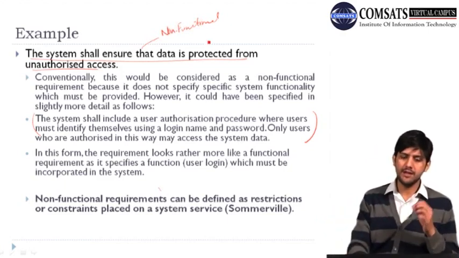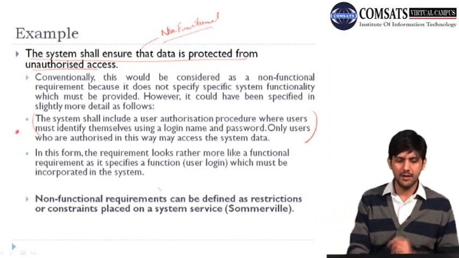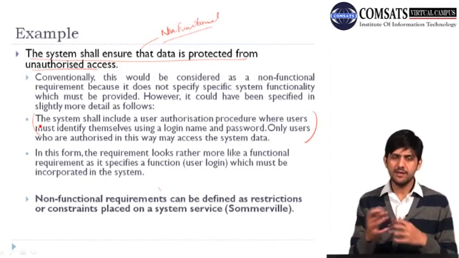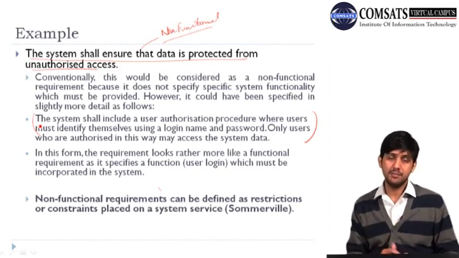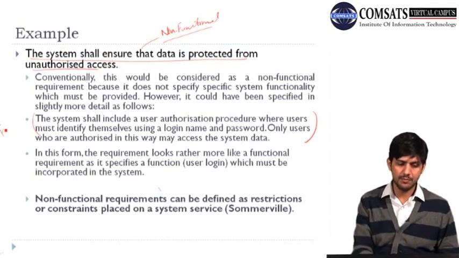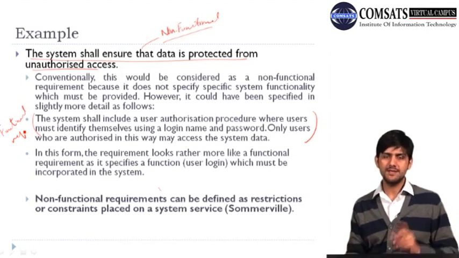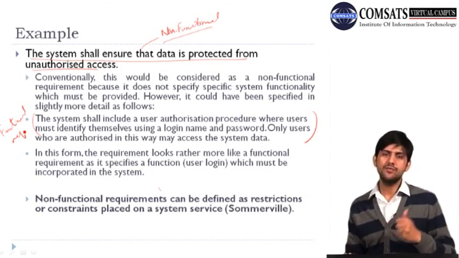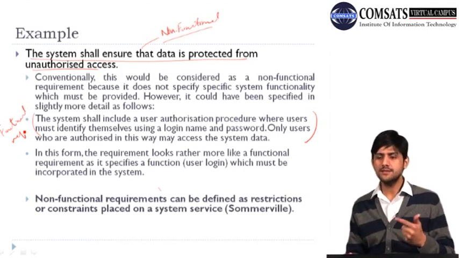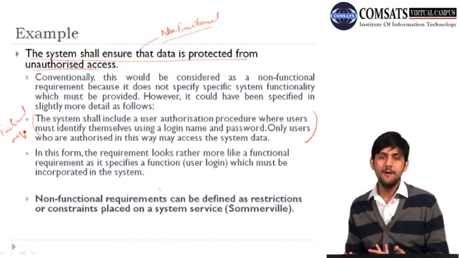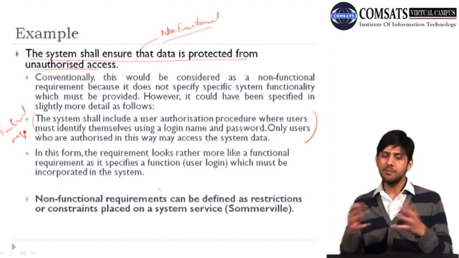But when we look at this, it looks like a non-functional requirement. Whereas if we specify this requirement in a different fashion, it becomes a functional requirement, because we have changed this non-functional requirement, which was a safety constraint, to a functional requirement by saying that our system would have a procedure in place which would make it happen.